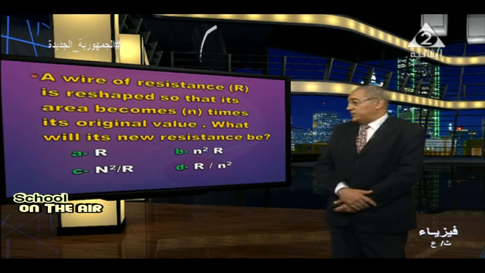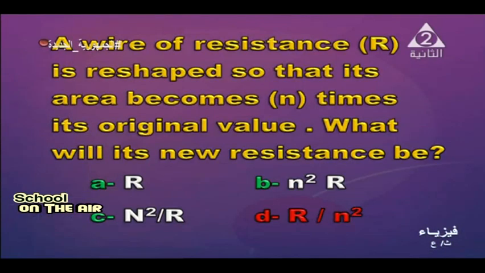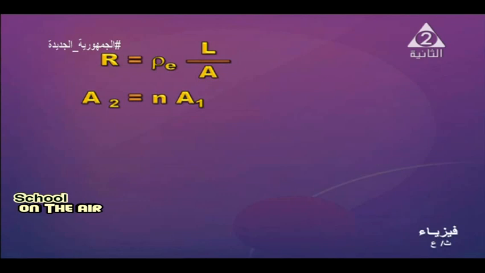Your attention please. We'll see the right answer, how we managed to obtain it. R equals rho L over A. A2 mentioned in the problem equals N times A1. And so length should be, as we've got an inverse relation, L2 equals 1 over N L1. And now we've got two factors, R2 over R1.